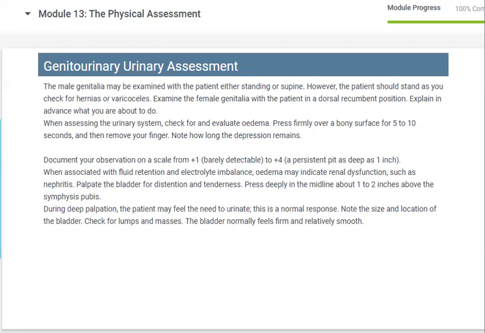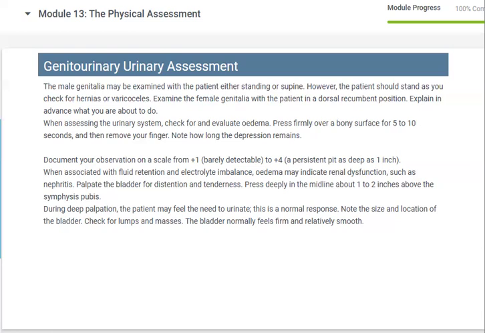When assessing the urinary system, check for and evaluate edema. Press firmly over a bony surface for 5 to 10 seconds, and then remove your finger. Note how long the depression remains. Document your observation on a scale from +1, barely detectable, to +4, a persistent pit as deep as 1 inch.